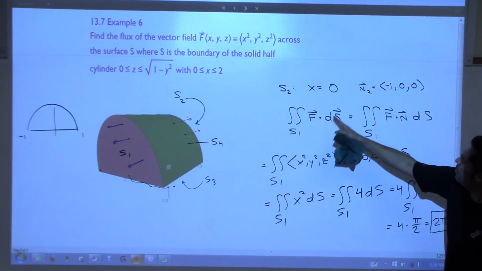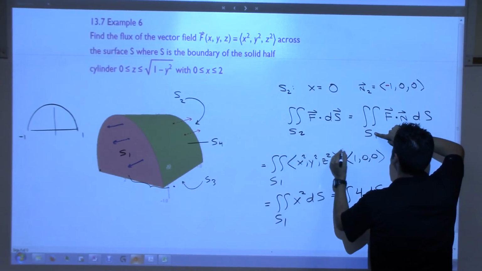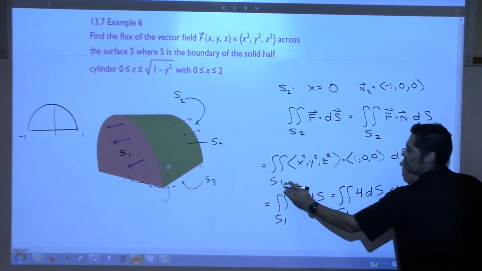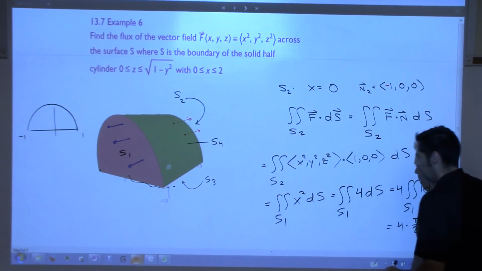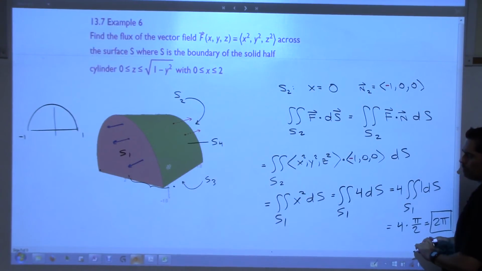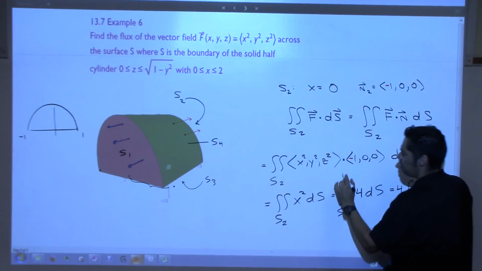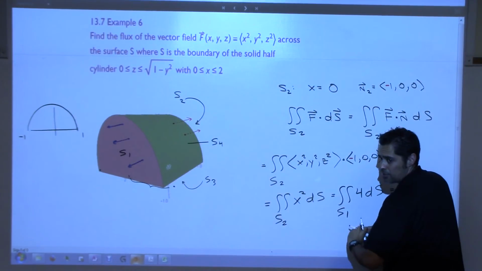And then when we go through here, we change this to S2, change this to S2, change this to S2, change this to negative, and this actually, when we dot it, gave us a negative x squared.